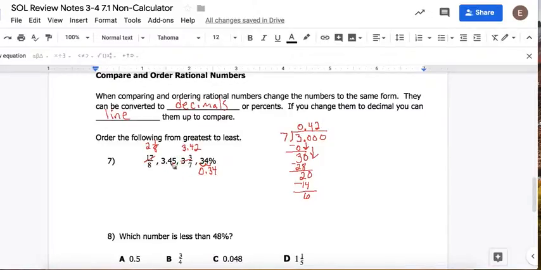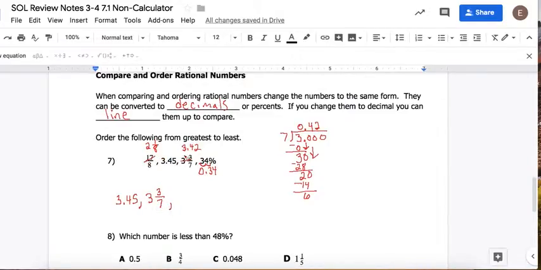So now we're comparing 3.45 to 3.42 for the greatest. And obviously, it's going to be 3 and 45 hundredths. And the only other one that starts with 3 is 3 and 42 hundredths, but we're not going to write 3 and 42 hundredths. We're going to write 3 and 3/7.